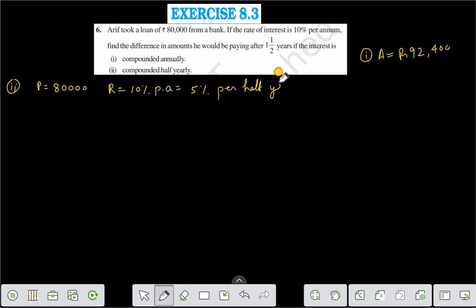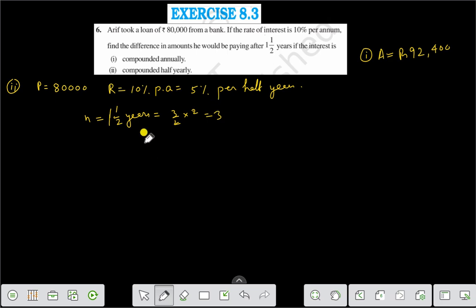And n is 1.5 years, that is 3 by 2 into 2, that is 3. Here n is equal to 3.